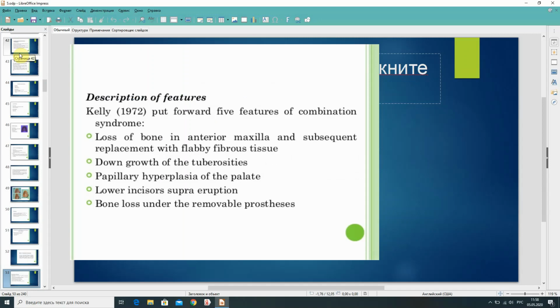Kelly put forward 5 features of combination syndrome: loss of bone in the anterior maxilla and subsequent replacement with flabby fibrous tissue, down growth of the tuberosities, papillary hyperplasia of the palate, lower incisors supraeruption, bone loss under the removable prosthetics.